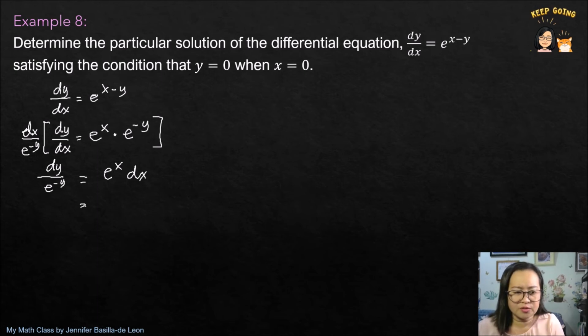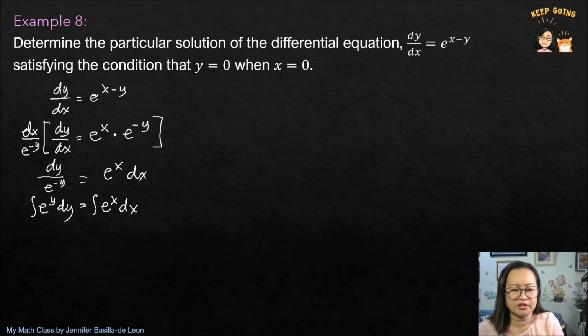Now let's have some manipulation at the left side of the equation. Since we have a negative exponent in the denominator, we can rewrite this as e raised to y dy. The negative sign is removed by writing e raised to negative y in the numerator. Now we just copy the expression at the left.